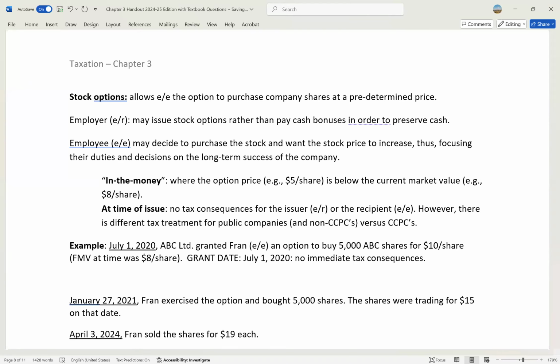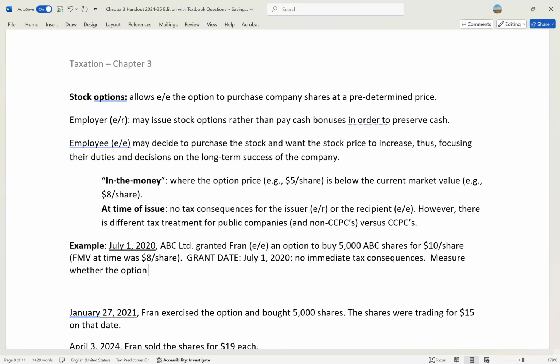But on this grant date, we do have to measure whether the option was issued in the money or not in the money. Now, most of the time, the fair market value is going to be lower than the option price, what the employee has to pay.